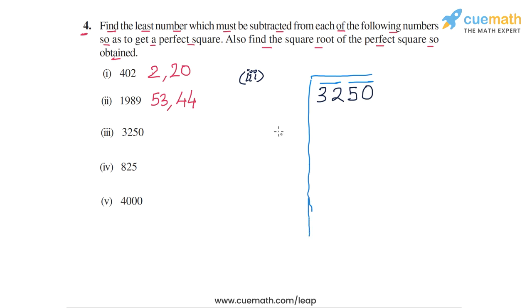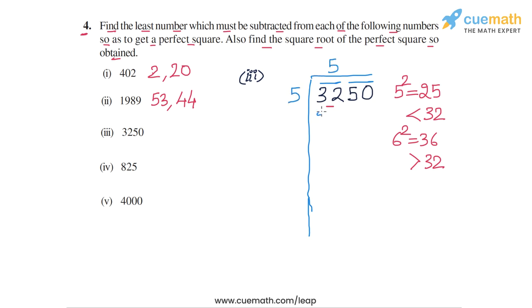In the first step we have to find the largest possible digit whose square is less than or equal to 32, and that digit is 5, because 5 square is equal to 25, which is less than 32. But if you take the next digit 6, then 6 square is 36, which becomes greater than 32. So the divisor in the first step will be equal to 5, and it will also become the first digit in the quotient.